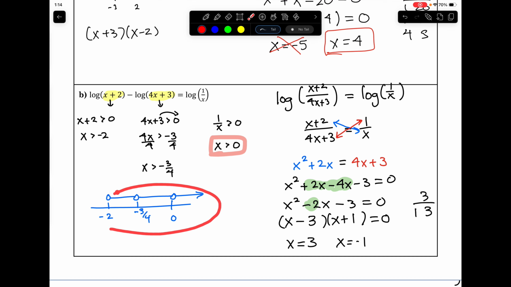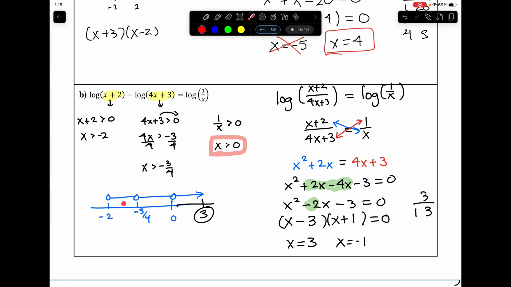Now going back to our domain, our extraneous solution is negative 1. x can only be values bigger than 0, and 3 satisfies that condition. 3 is going to be over here on the number line, which obviously is to the right of everything right here.